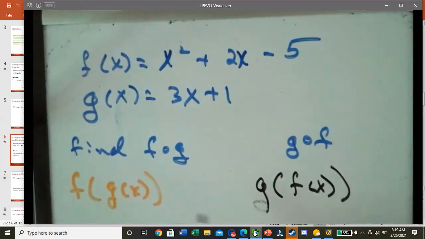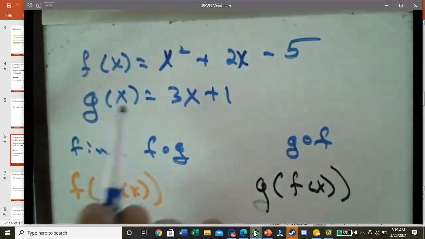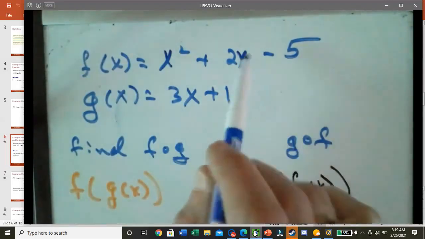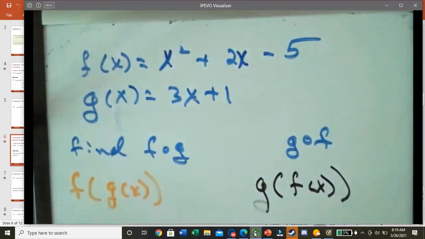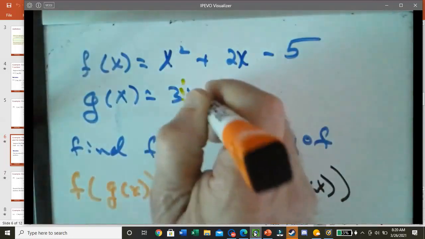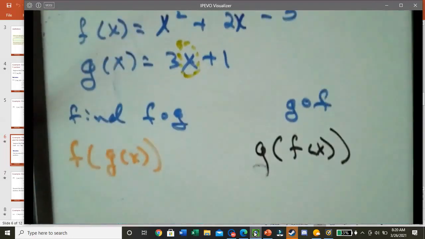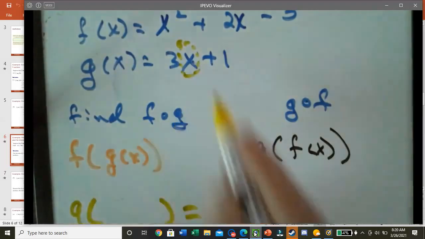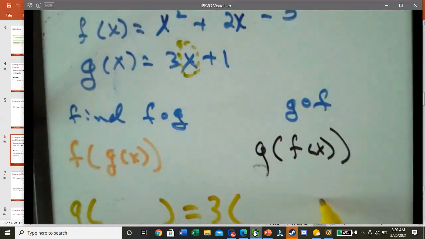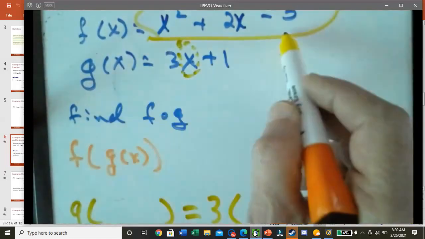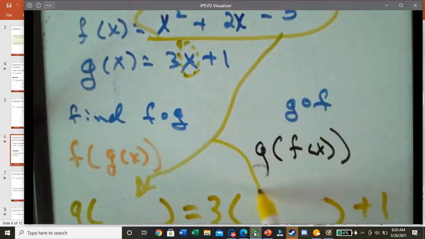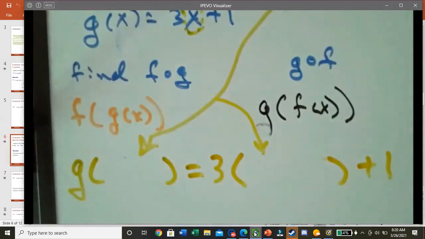Yeah, we've got to take f of x and put it inside the g of x, right? So it's like we're cutting out the x, okay? And you're going to put in here g, parentheses, equals 3 parentheses plus 1, and then you're going to take this and put in the parentheses, all right?